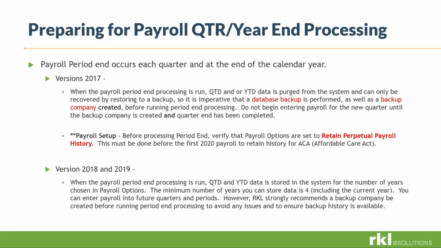The minimum amount of years that Sage allows you to store is 4, which includes the current year. But you can store upwards to 99 years worth of history. And regardless of the fact that this is being retained, we strongly recommend that you make a backup of your company before you run your year-end processing to avoid any issues.